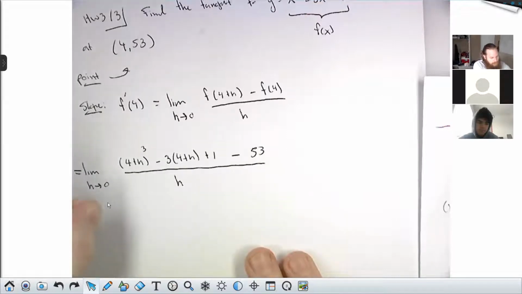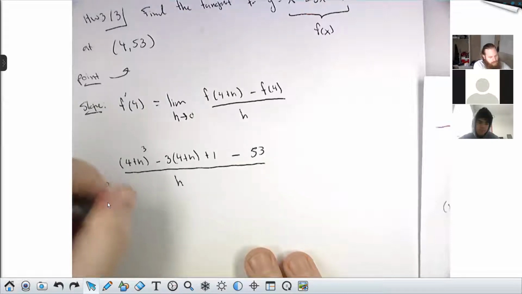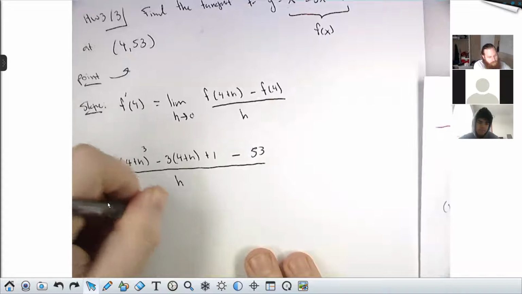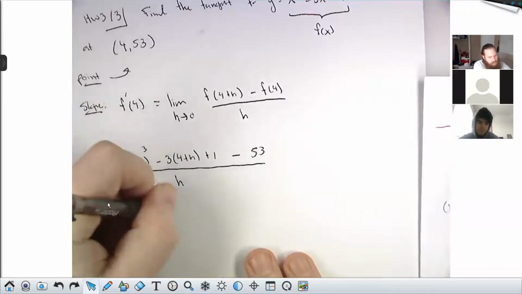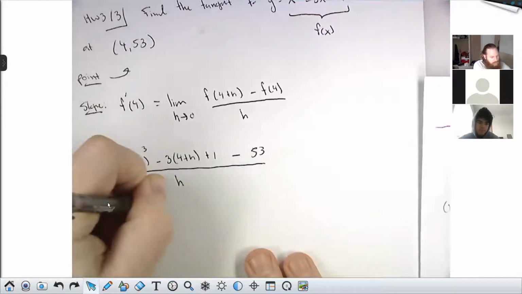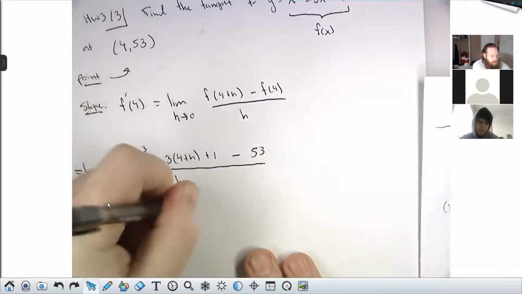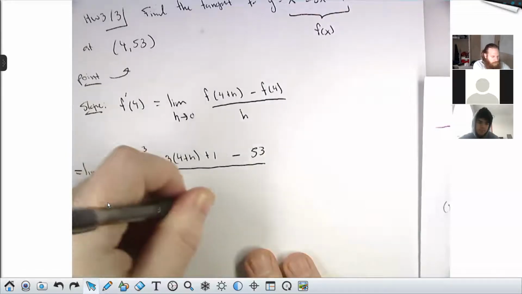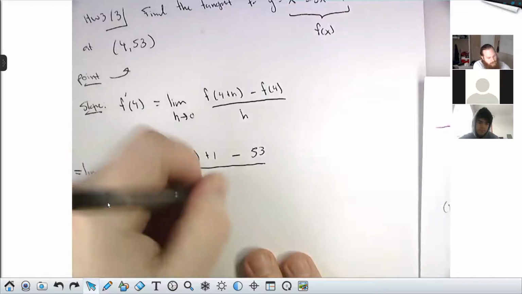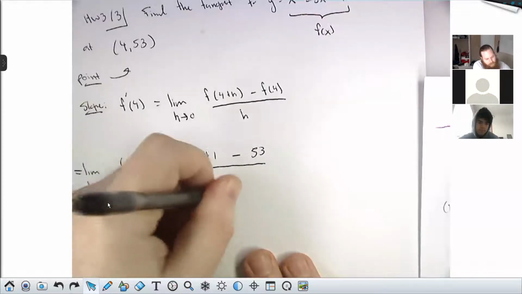So that (4 plus h) cubed, according to Pascal's triangle, will expand as 4 cubed plus 3 copies of 4 squared times h. So I should write this like this. Plus 3 copies of 4 times h squared plus 1 copy of h cubed.